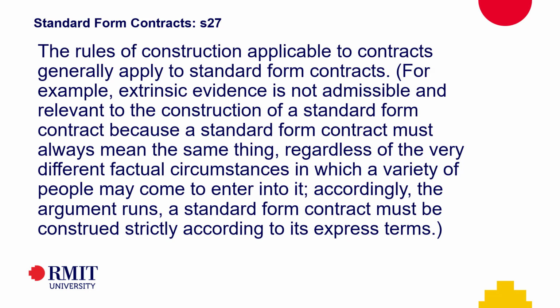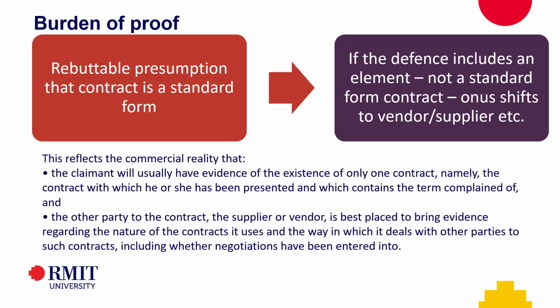And the same rules for reading standard form contracts apply as for any contract. So things like the Four Corners rule, the way that we work with limitation clauses, contra proferentem, etc., will work in that same way. I've mentioned the burden of proof. Ultimately, it moves depending on which point we're talking about.